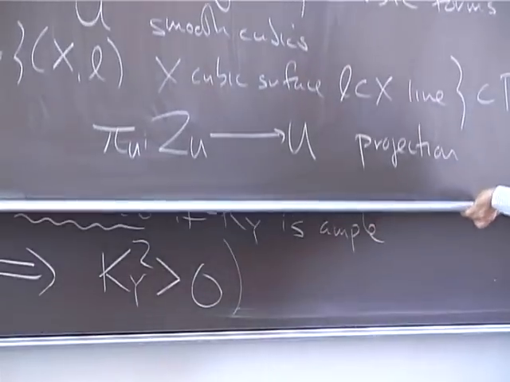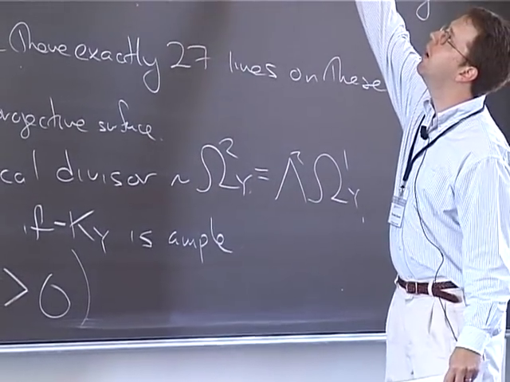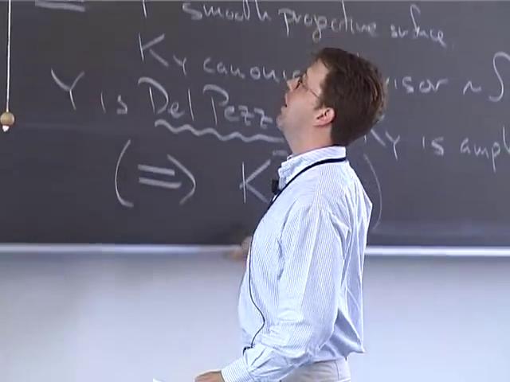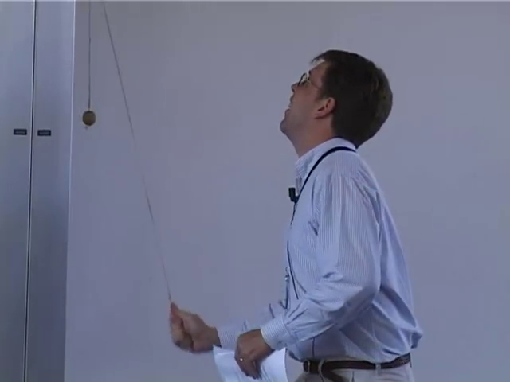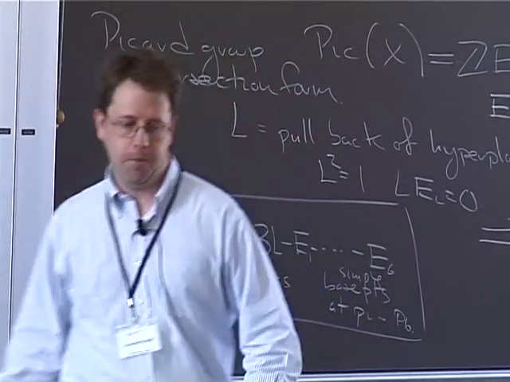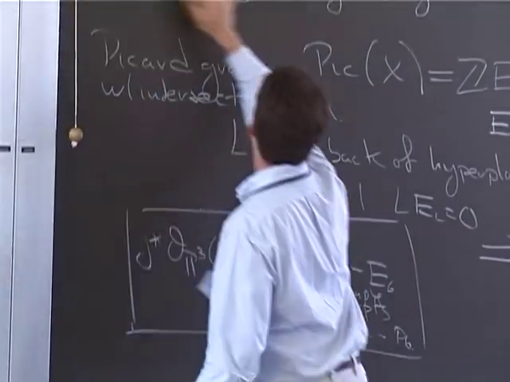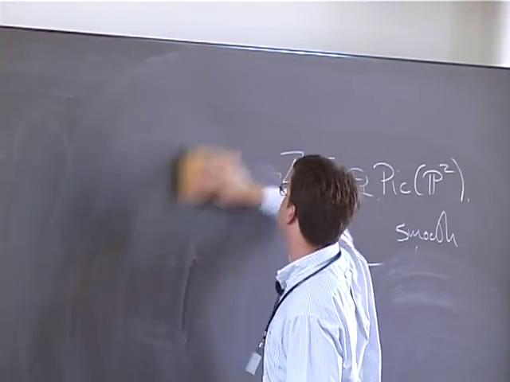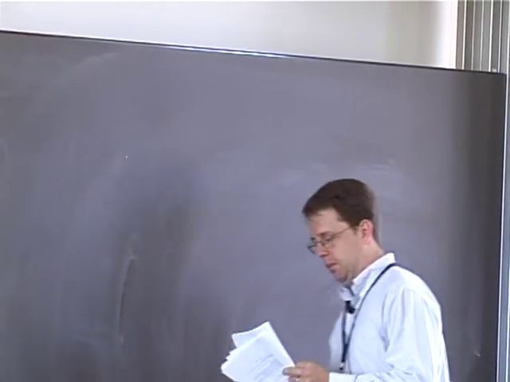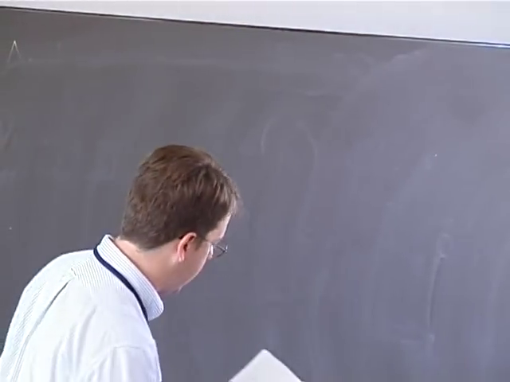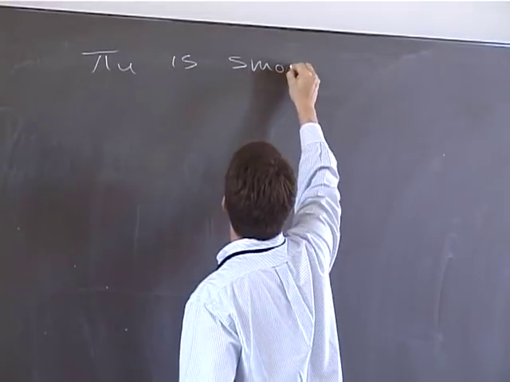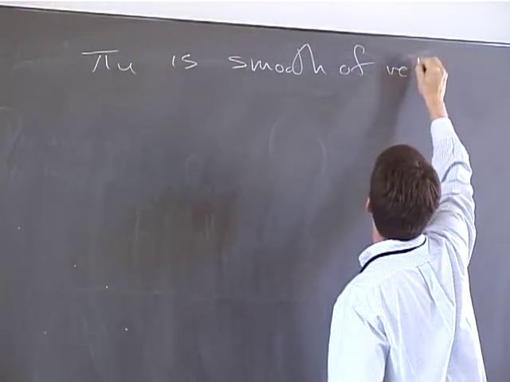All right, I need to state the punchline. So the punchline is that pi_U is smooth of relative dimension 0.